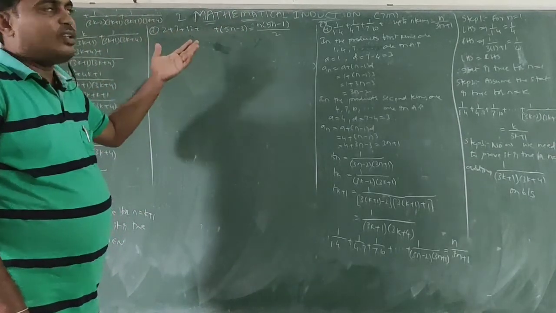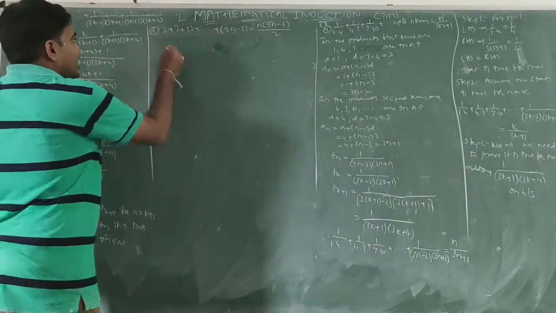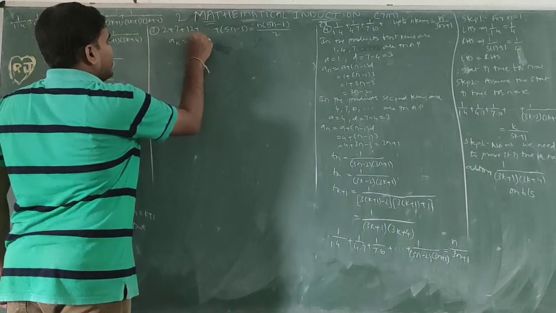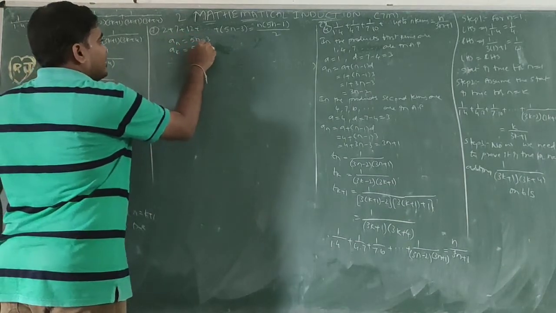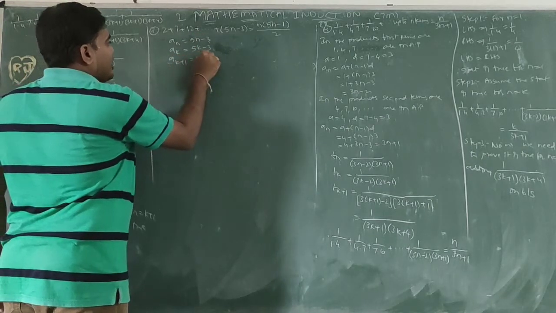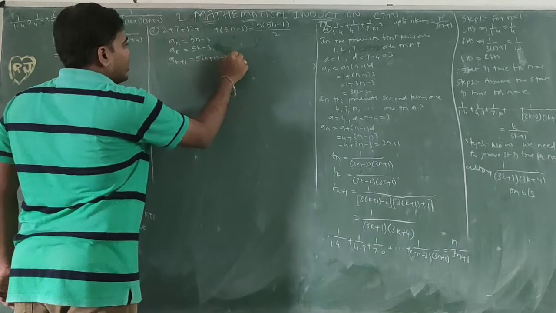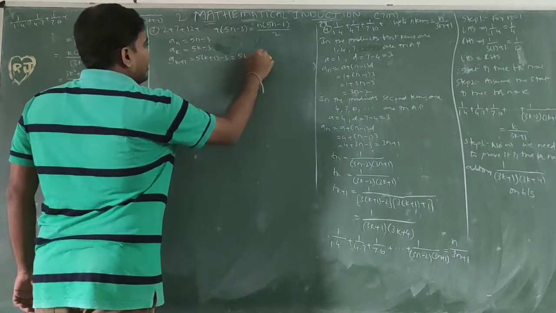Now AN equal to 5n minus 3, AK equal to 5k minus 3 instead of n, and AK plus 1 equal to 5 of (k plus 1) minus 3. 5 into k, 5k, 5 into 1, 5 minus 3, 2.